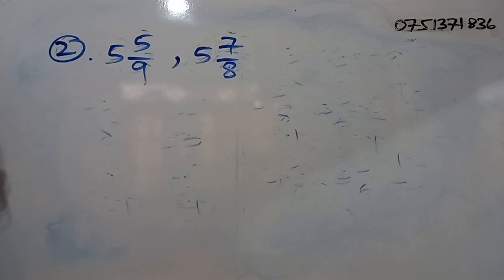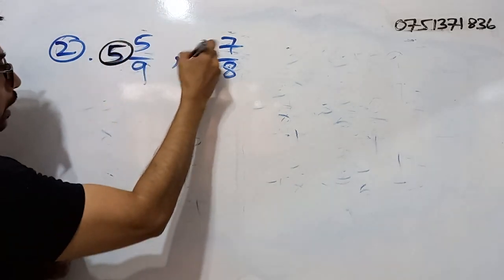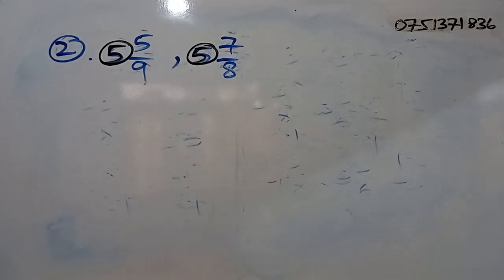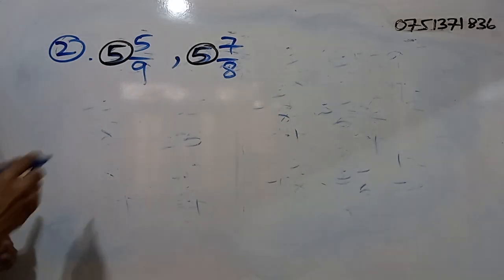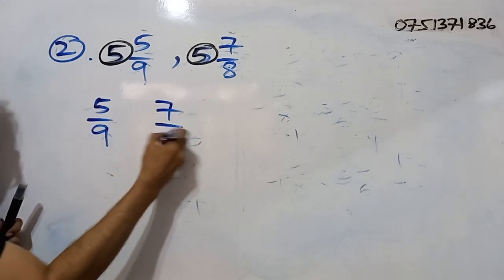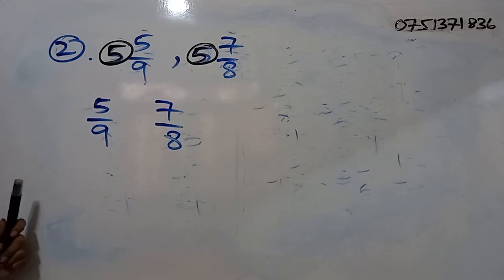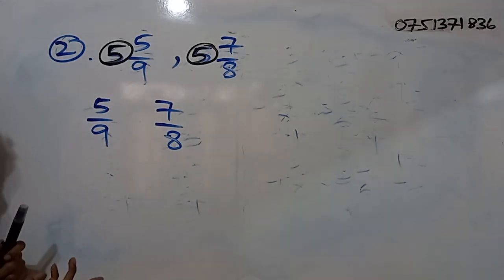Right, question number 2. So these are the two given mixed numbers. As before, you can see that the whole number parts are the same. That means we have to think about the fraction parts. So here we have 5 by 9 and 7 by 8. So we have two fractions which have different denominators.